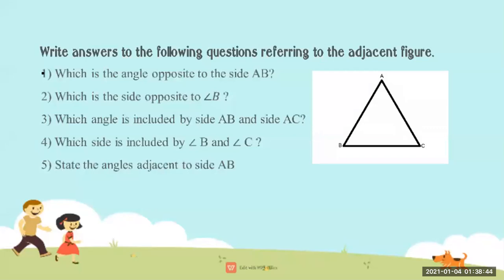It is angle BC. Okay. Now, the next question is, which side is included by angle B and angle C? Which side is included in angle B and angle C? It's angle A. Very good.